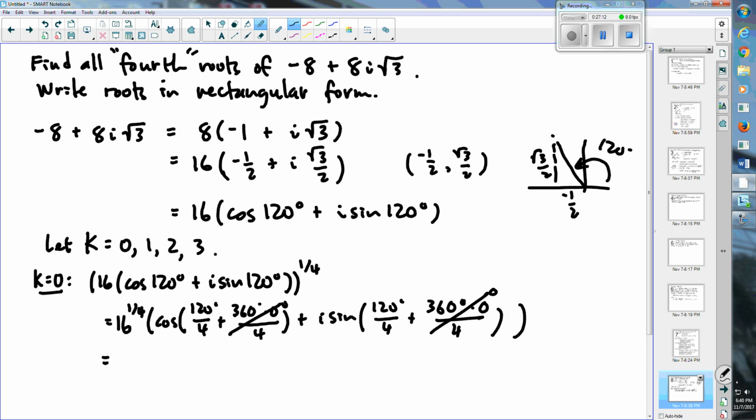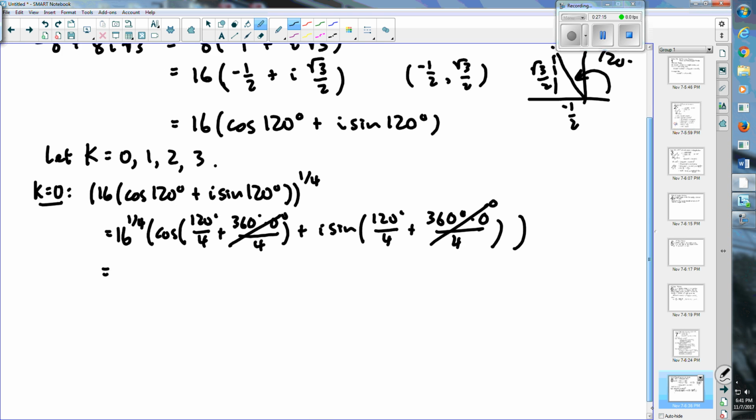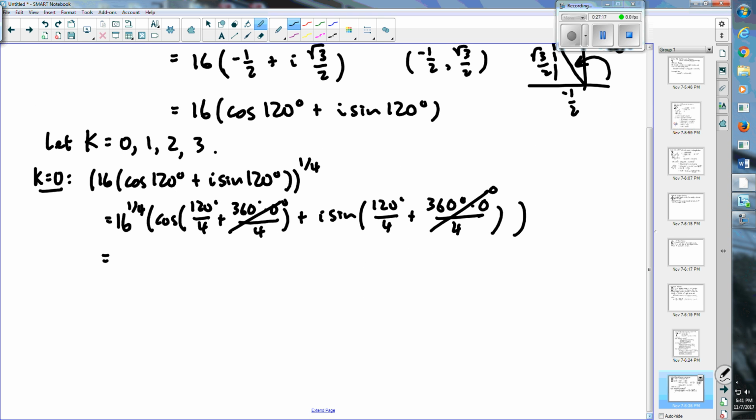Continuing here, the 1/4 power of 16 is 2. And then we have the cosine of 120 over 4 plus 0, which is 30 degrees, plus i times the sine of 30 degrees.